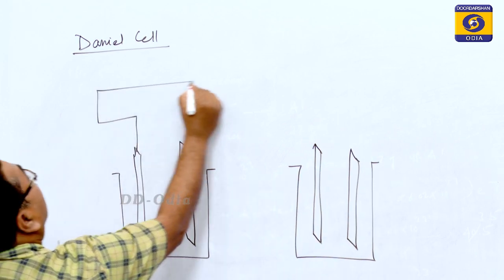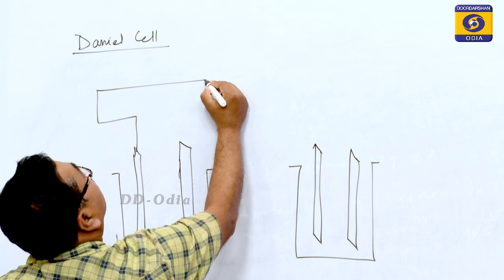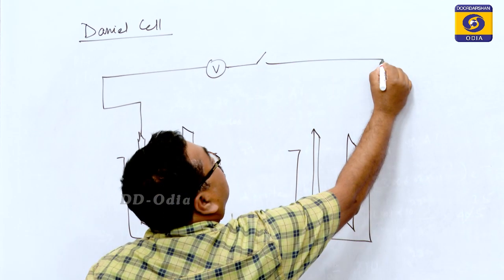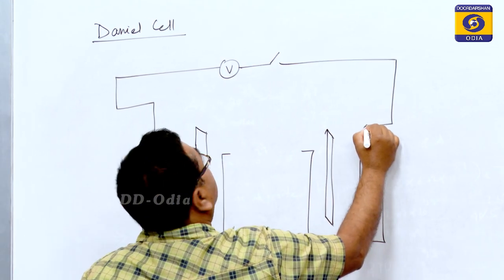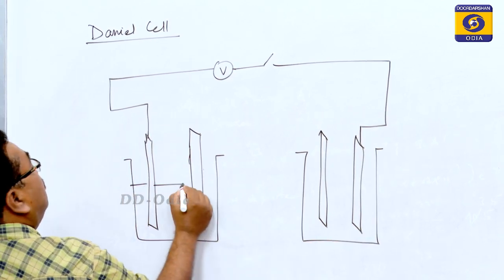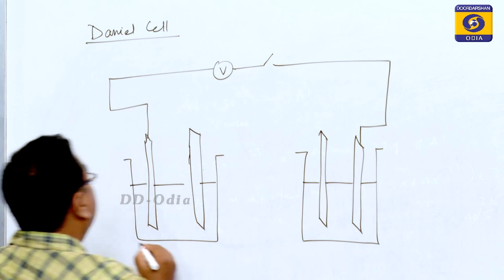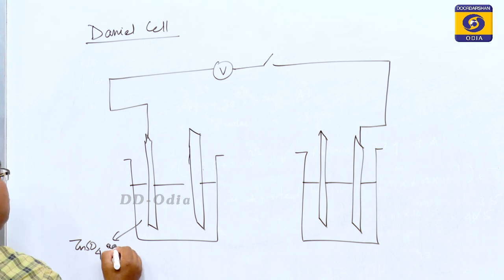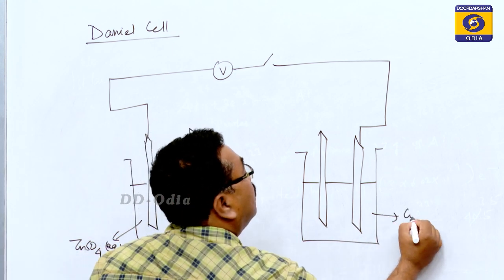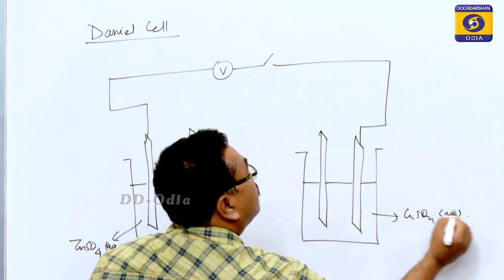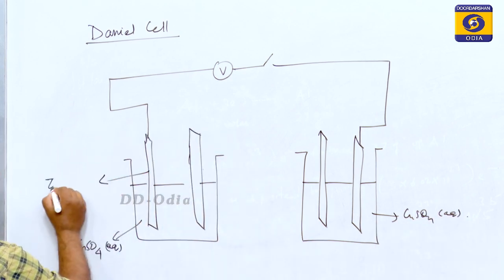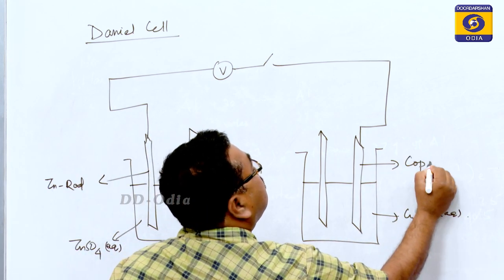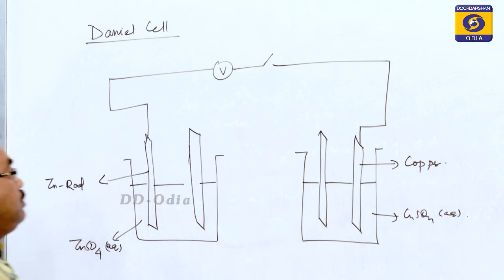Here is a voltmeter and a key. This is zinc sulfate aqueous and this is copper sulfate aqueous, that means copper sulfate solution, and this is a zinc rod or zinc strip, zinc electrode, and these are copper electrodes.